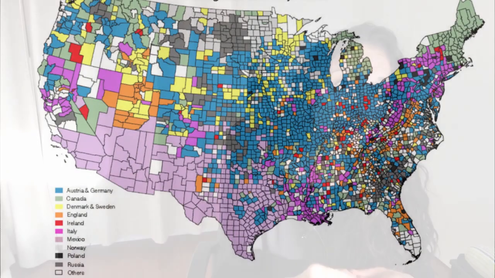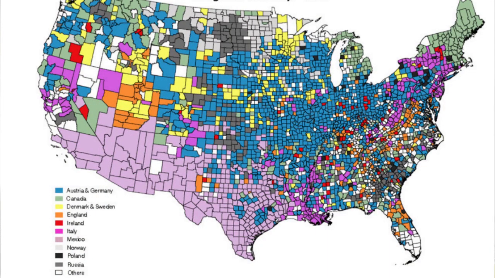If we consider this period of mass migration, or of a large number of migrants coming to the United States, here I want to show you a map of the United States in 1920, which shows the ancestry of where people were coming from at these different points in time.